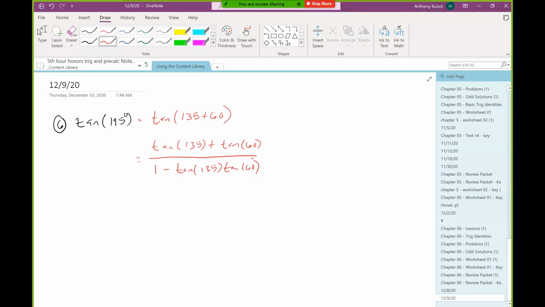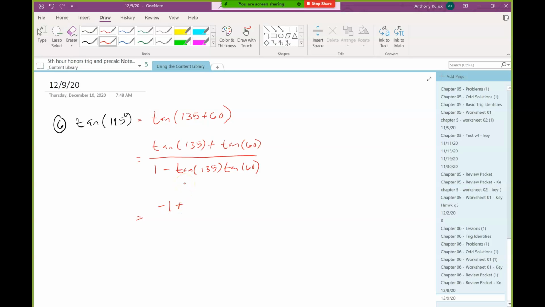So if I go to my unit circle, I can look up tangent of 135 as y over x. So that's root 2 over 2 divided by negative root 2 over 2, so that's just going to be negative 1.